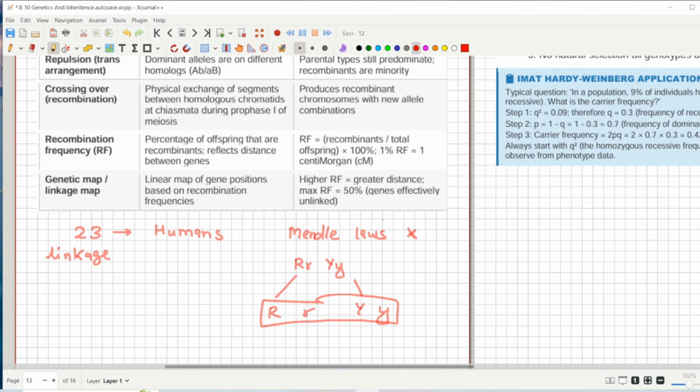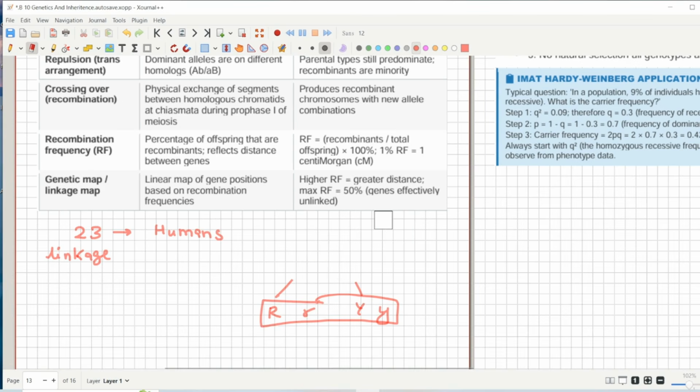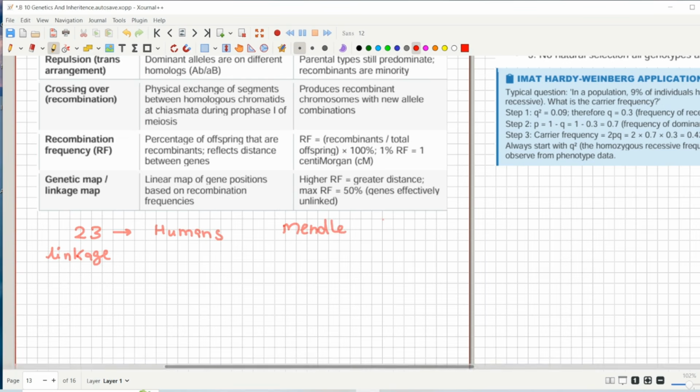So gene linkage causes Mendel's laws of inheritance to be invalid in certain conditions. So if there is gene linkage, then Mendel's law would not be valid at that point. You have to keep in mind that gene linkage is inversely proportional to Mendel's law. Let me write it down again: Mendel's law would be invalid in gene linkage.